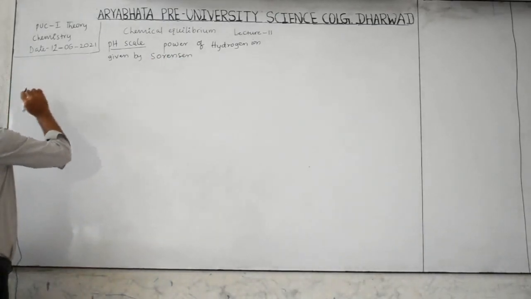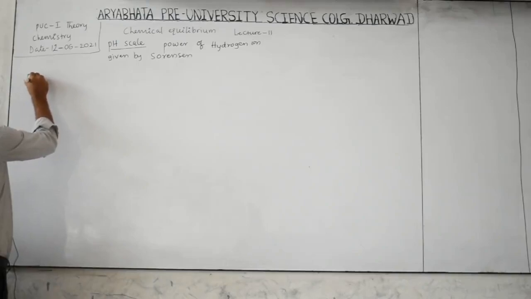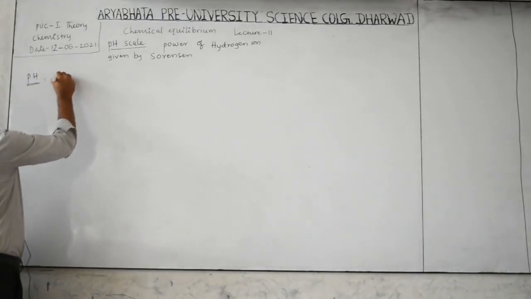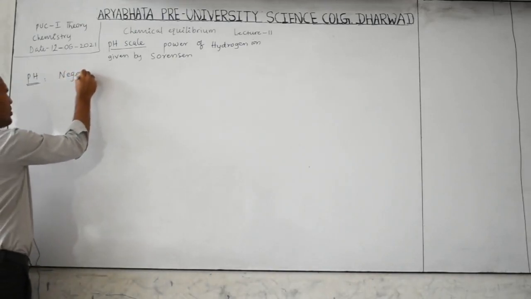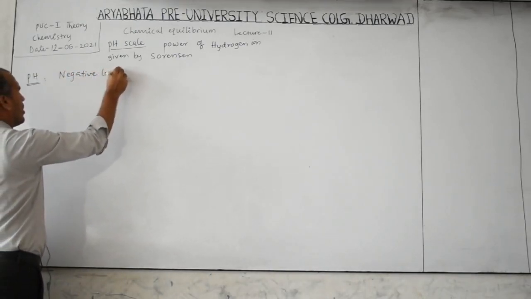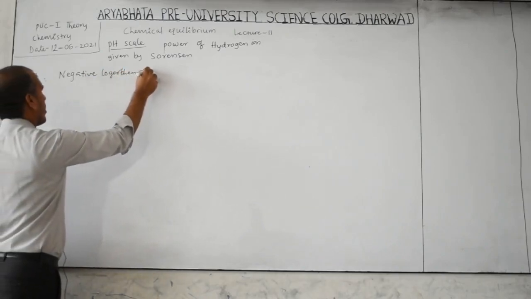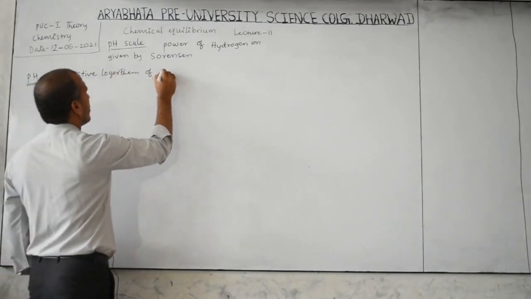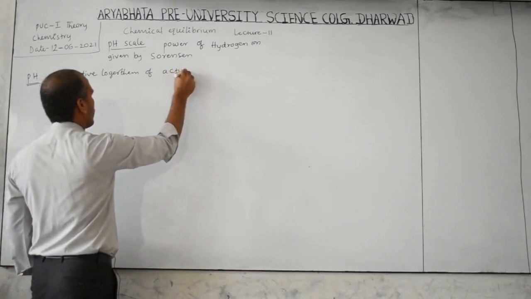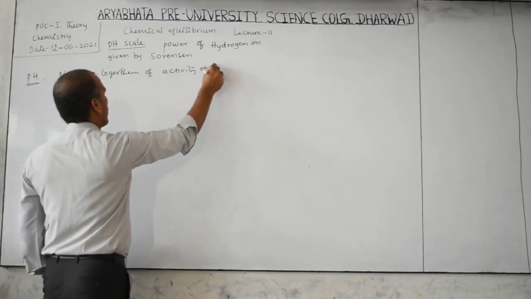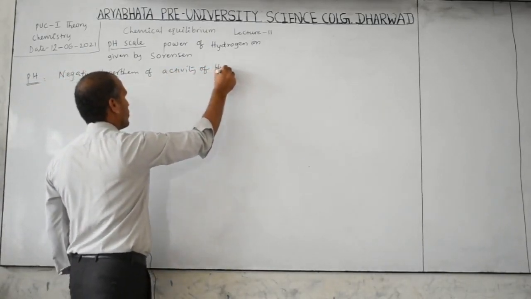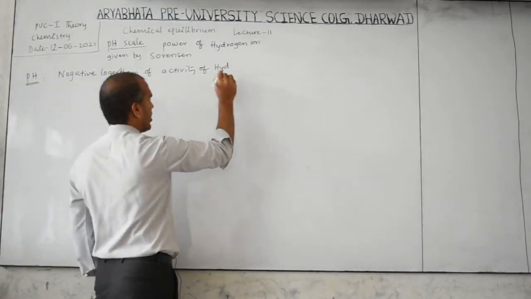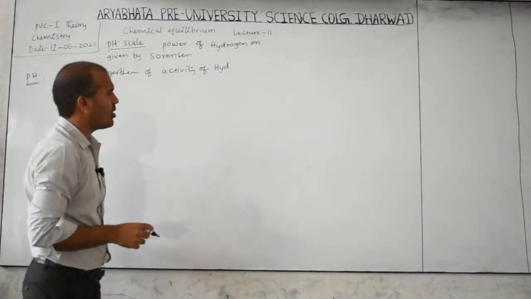Next, what is the pH definition? The pH definition is the negative logarithm of the activity of hydrogen ion or hydronium ion. Anyone can write hydrogen ion or hydronium ion.